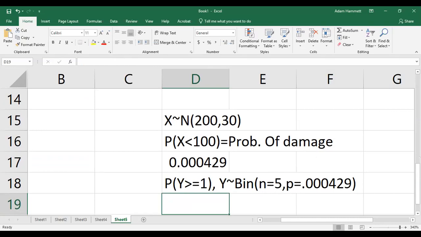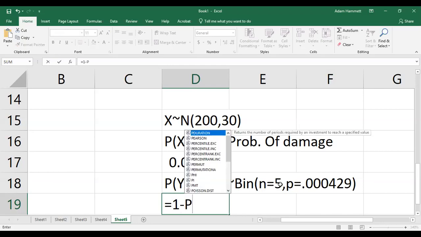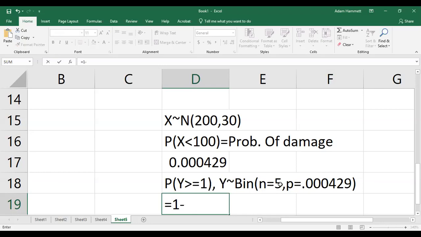Because damage is going to occur in at least one of those, damage here corresponds to success. Okay, that's kind of a weird way to think about it. In at least one of 5 independently dropped things, the probability of damage is given by that 0.000429 thing. So that's going to be equal to 1 minus the probability of 0, right?